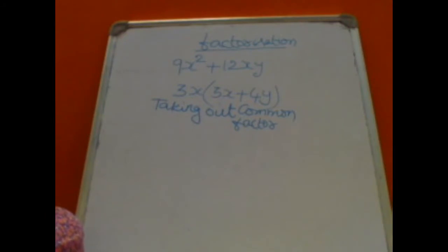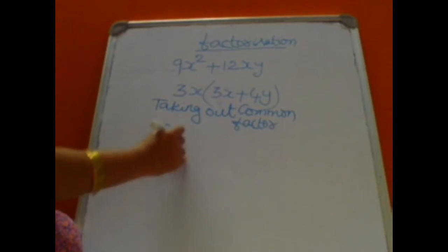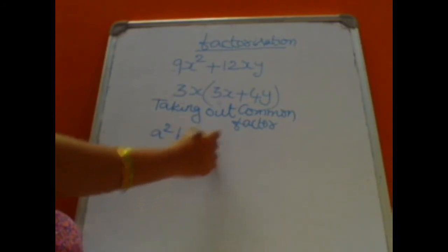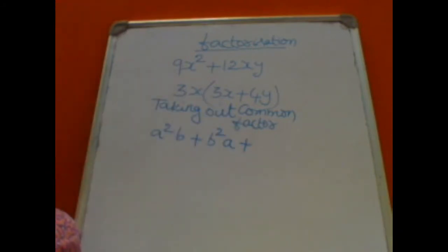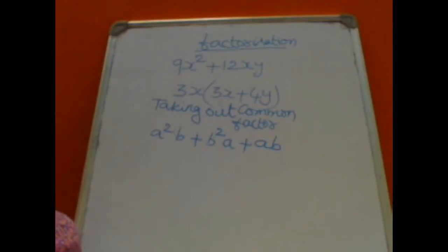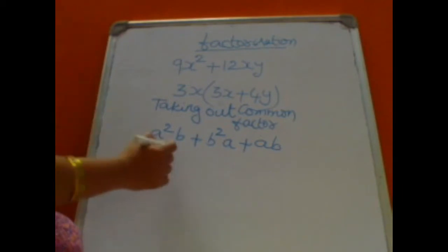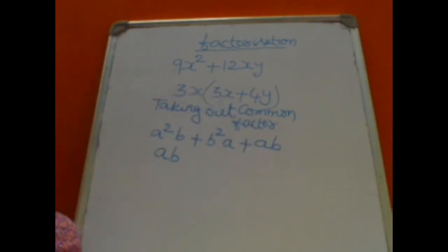Now let us take another example: a square b plus b square a plus ab. This is a trinomial. Now what can be taken as the highest common factor? Yes, ab is common for all the three terms.